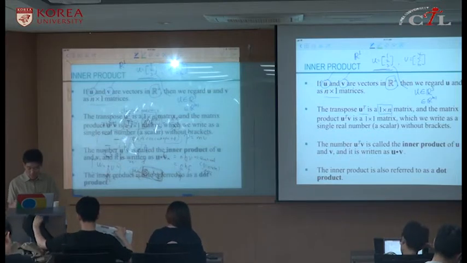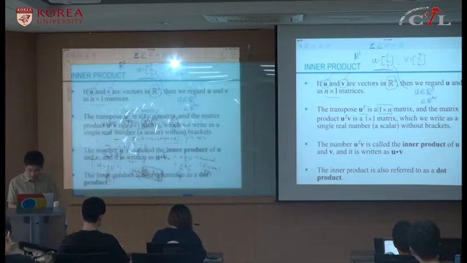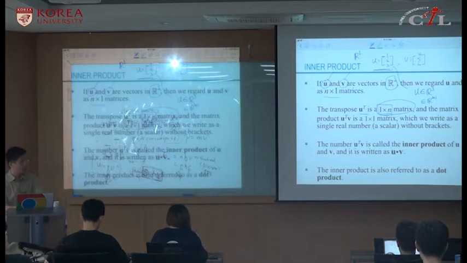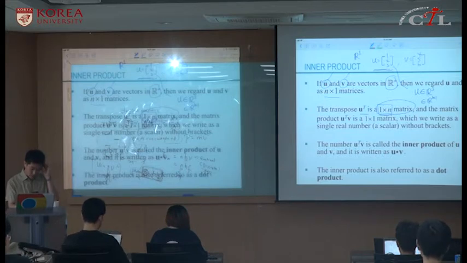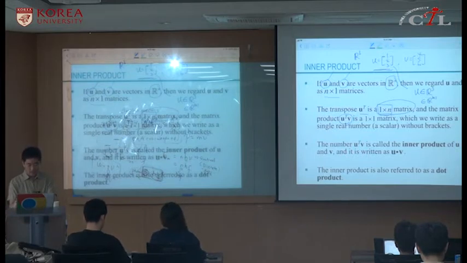This row vector, in matrix multiplication with the original matrix, can be written as U transpose V. So this is the definition of the inner product between U and V.